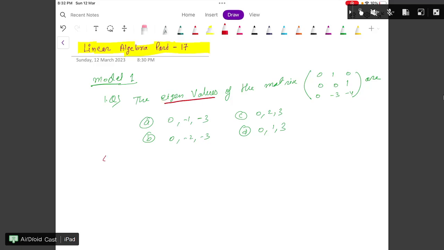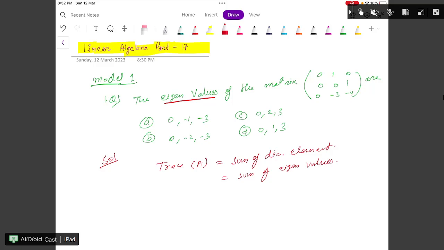From the properties of eigenvalues and eigenvectors, we know that the trace of matrix A is the sum of the diagonal elements, and it is equal to the sum of the eigenvalues.